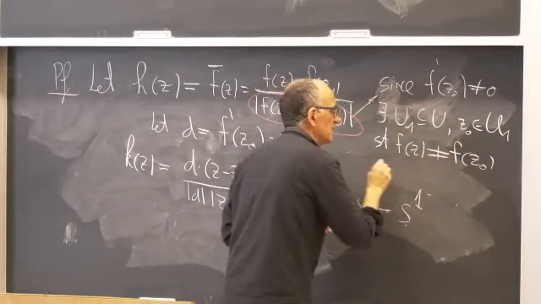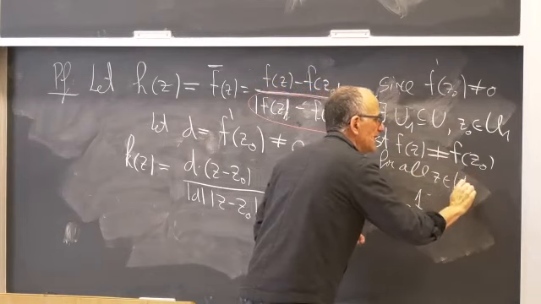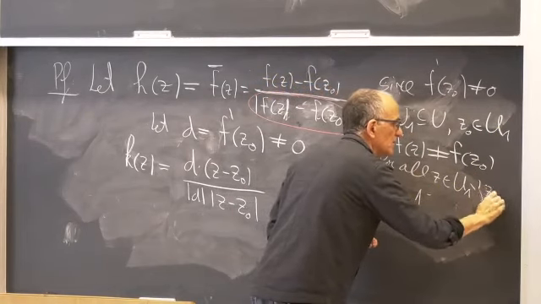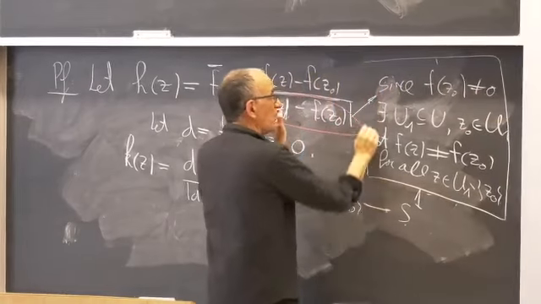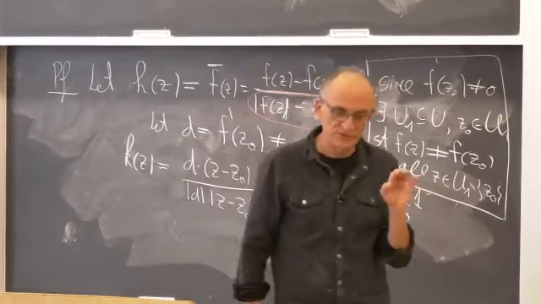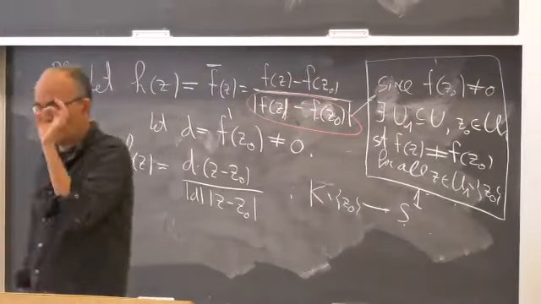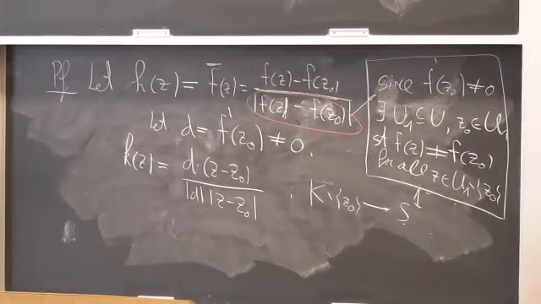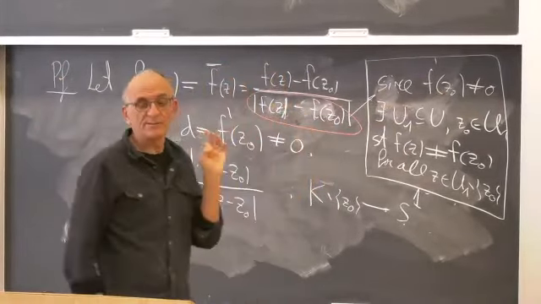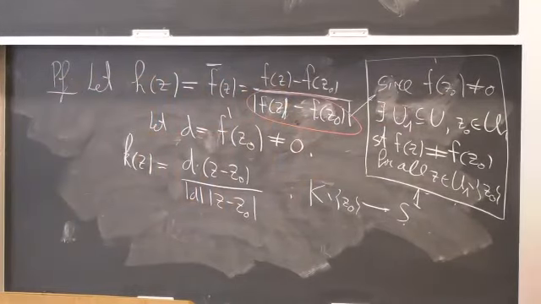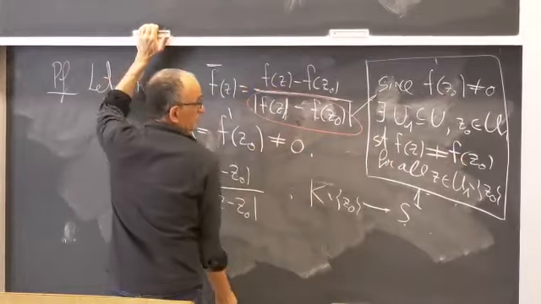That's why I can divide for all z in U1 except z0. Otherwise, we couldn't divide.